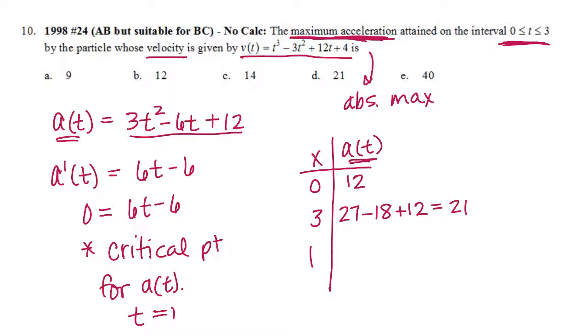And I have a feeling that's probably going to be bigger than plugging in a 1 because you're plugging in a 3. But let's go ahead and see: 3 minus 6 plus 12. And so that's going to give us 15. So it looks like our maximum value here of the acceleration is 21. So we have answer choice D.